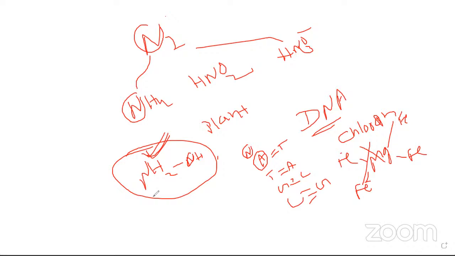Next one, what is given after nitrogen? Phosphorus. The plant can absorb phosphorus directly from the soil. But where is it a constituent? Phosphorus is present in DNA, where the nitrogen base is attached to the phosphorus.